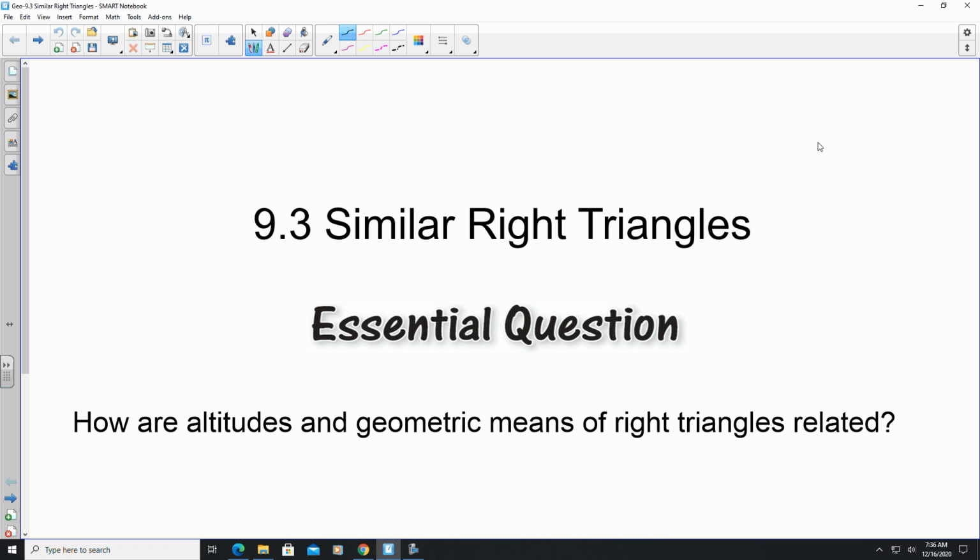In this lesson, we're looking at section 9.3, where we're going to be looking at similar right triangles.